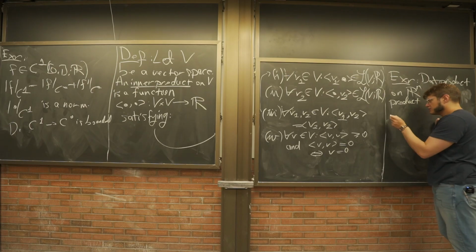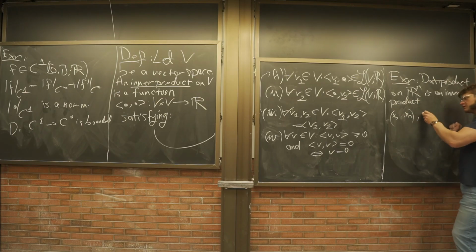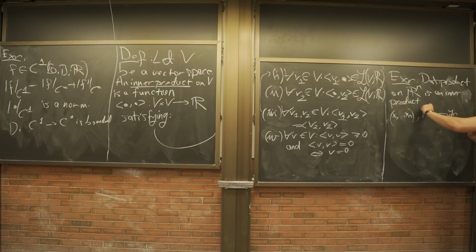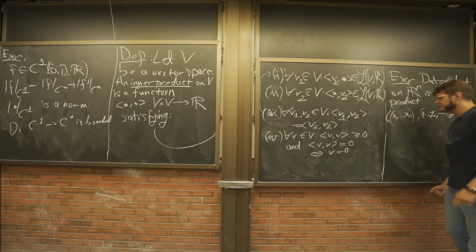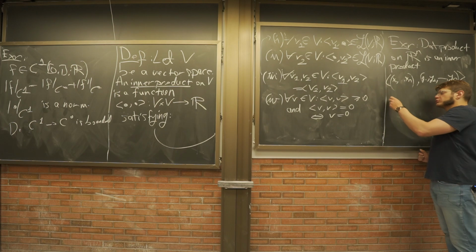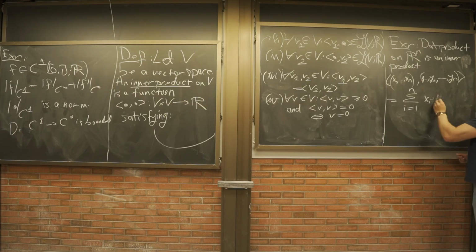Well, if I were to take (x1, ..., xn) and (y1, y2, ..., yn), what is the inner product of this? It should be the sum of the products of the components.